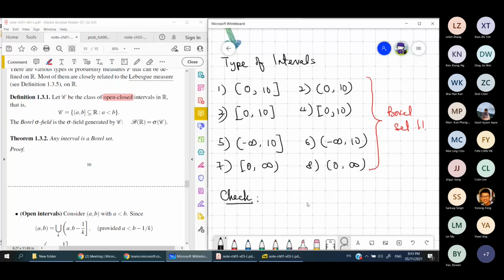Case number 1: an open-closed interval must be a Borel set. This one is true.